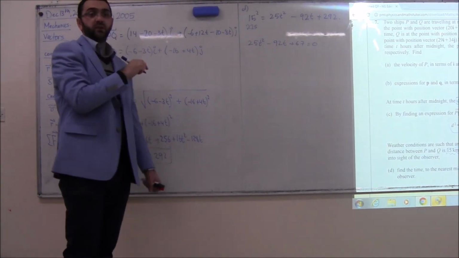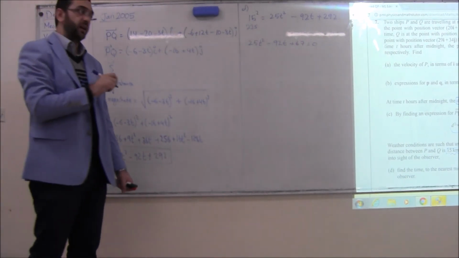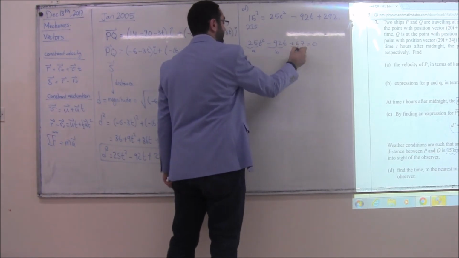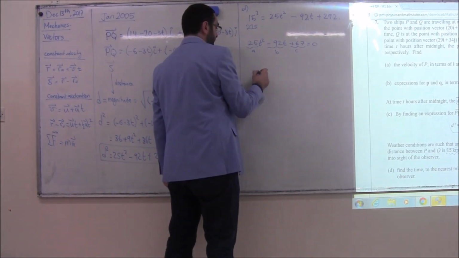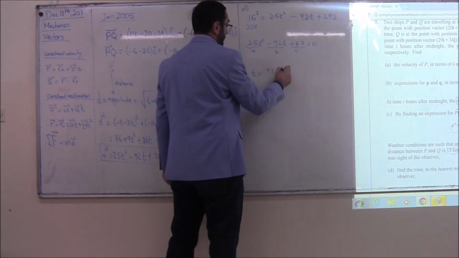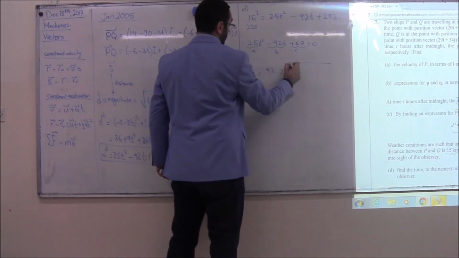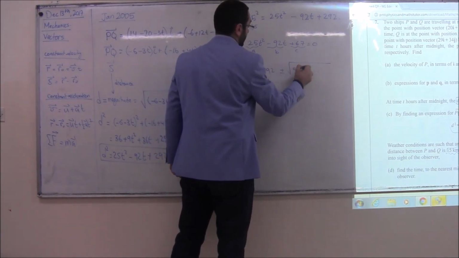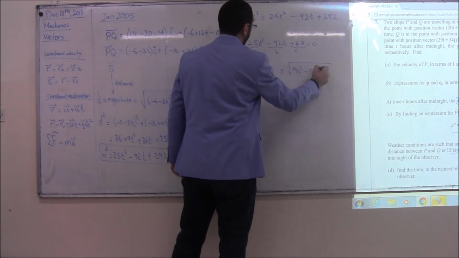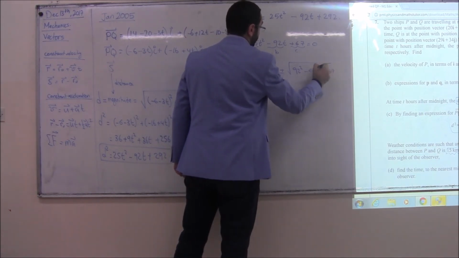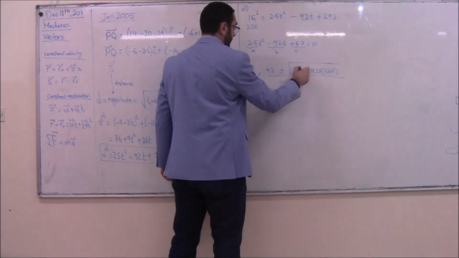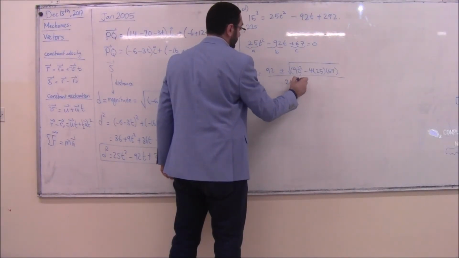Now, by using the formula, we can find the values of time, right? This is A, this is B, this is C. t equals negative B, 92, plus or minus the square root of 92 squared minus 4 times 25 times 67, over 2 times 25.